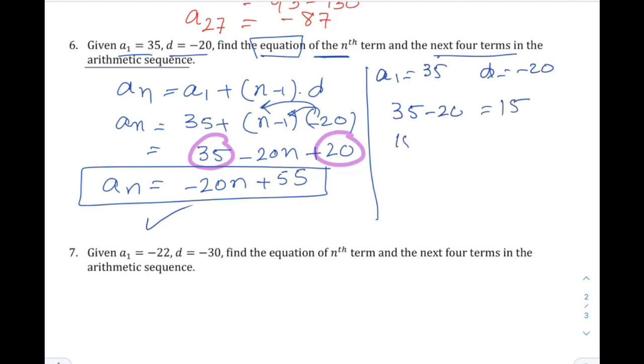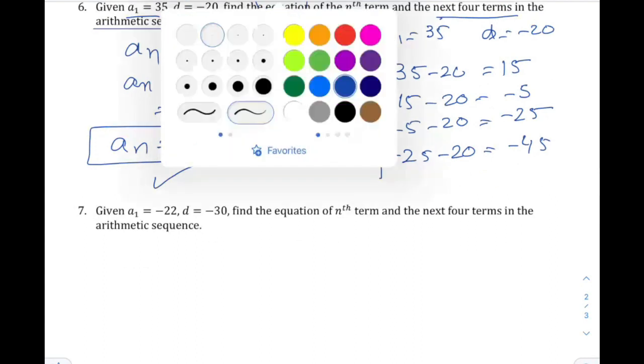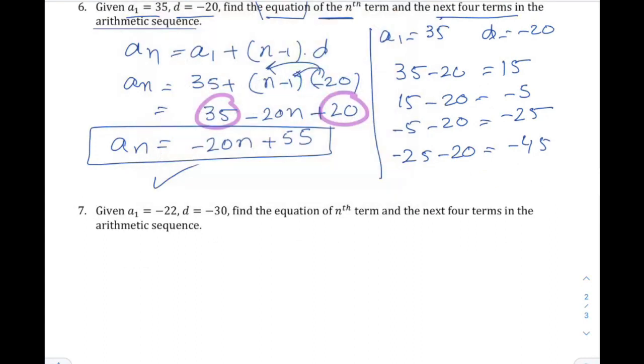Next, the 15 again minus 20 will be minus 5. Then minus 5 minus 20 will be minus 25. Then minus 25 minus 20 will be minus 45. So the arithmetic sequence will be starting with 35, then 15, then negative 5, then negative 25, then negative 45, because it will be adding the same difference every time.